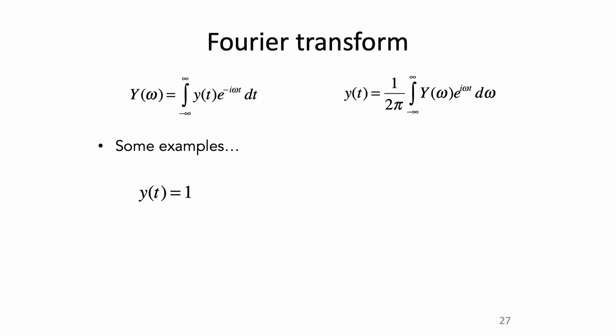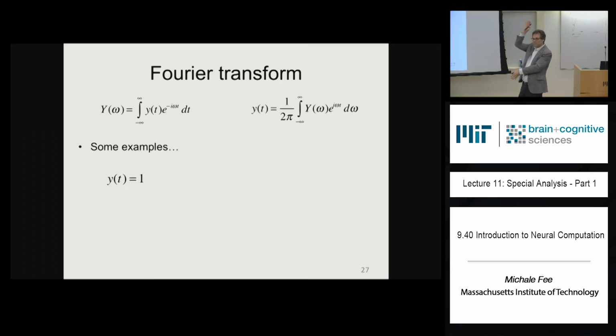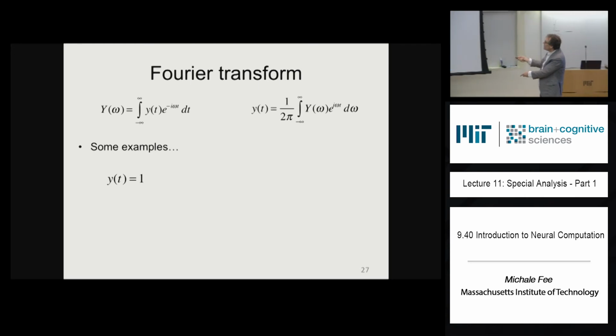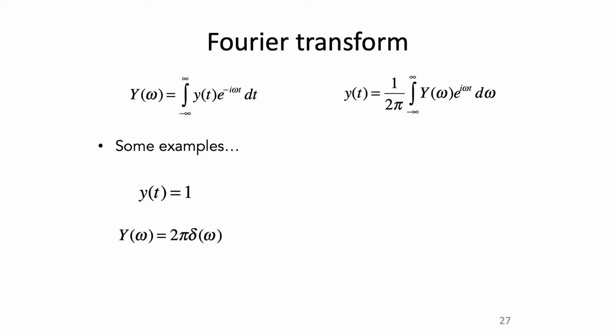E to the i 0 is 1. And so we're integrating over 1 times dt, right? And that becomes infinity at omega equals 0. And that's a delta function. It's 0 everywhere except for at 0. So this Fourier transform of a constant is a delta function.